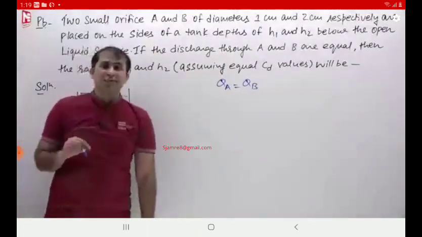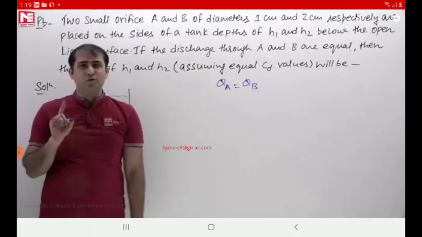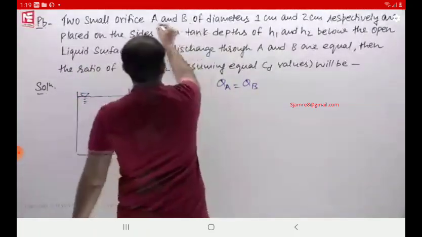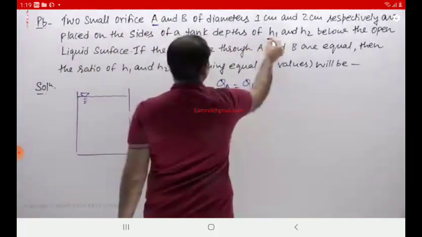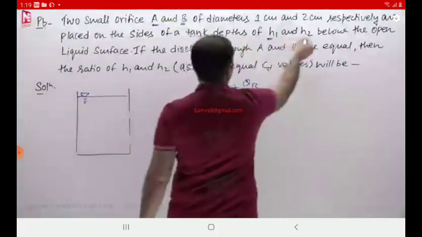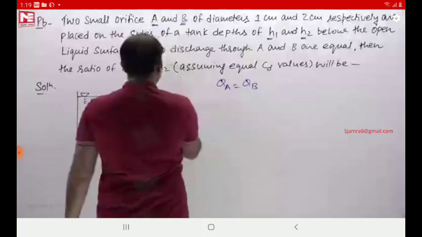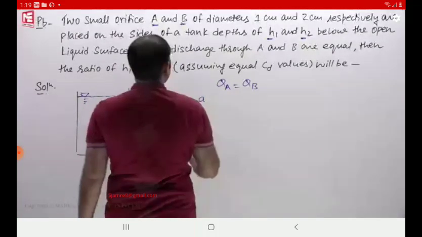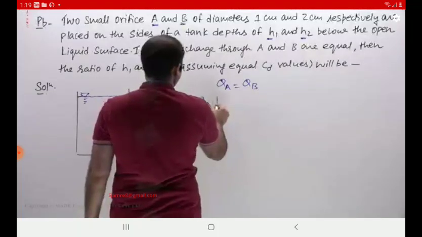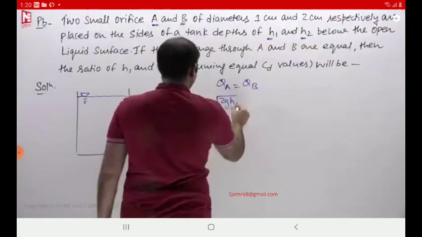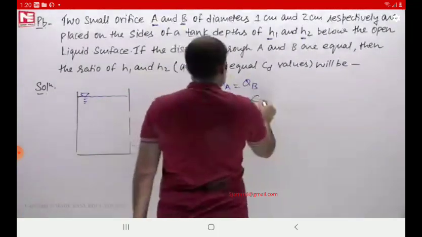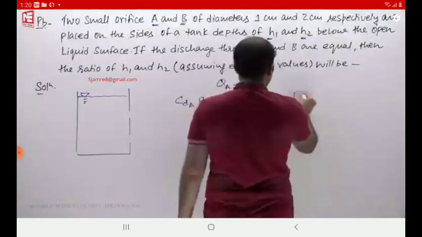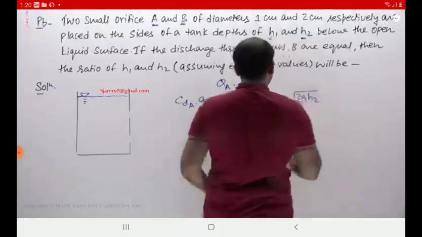Now, what is the discharge formula? CD multiplied by A multiplied by root of 2gH. For A it is H1, for B it is H2. So this is CDA multiplied by A root of 2gH1, and this is CDB multiplied by AB root of 2gH2.